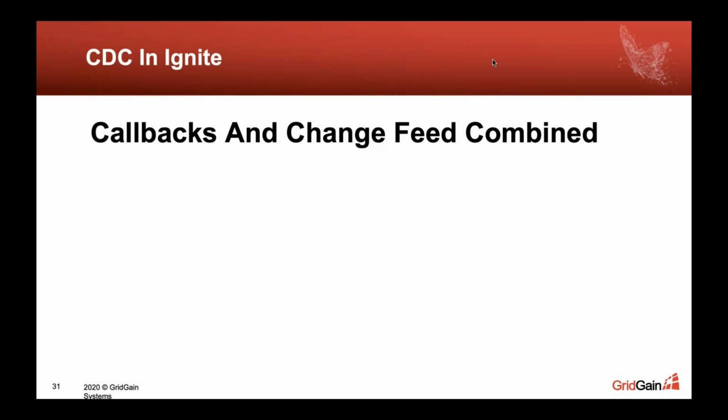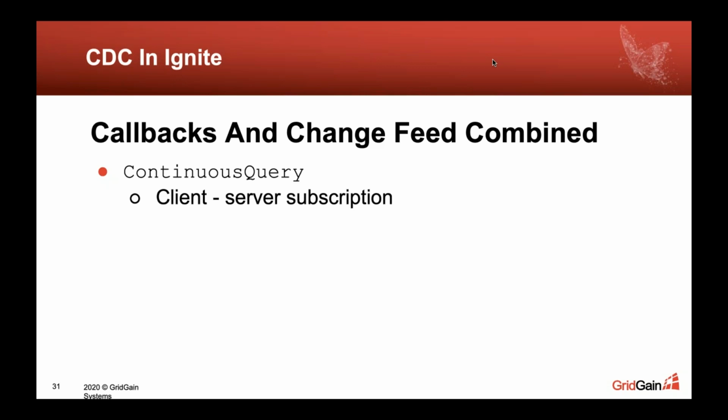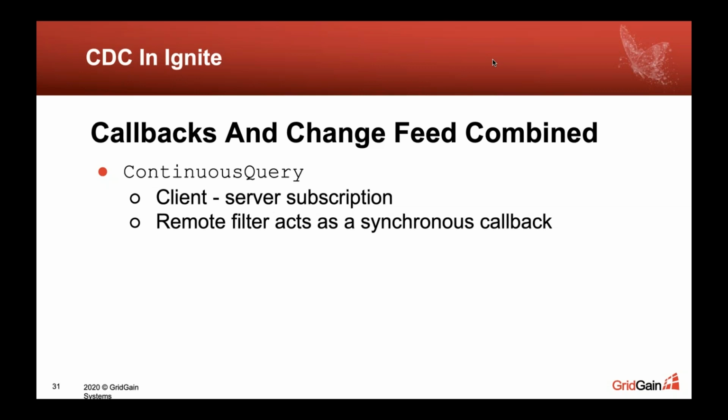And finally, if we combine callback and change data feed, you will get an API in Ignite which is called continuous query. Continuous query is essentially a client-server subscription, which captures updates on data nodes, more specifically on primary nodes, and sends those updates to clients.